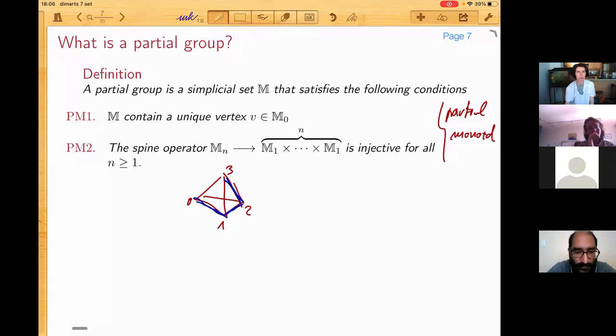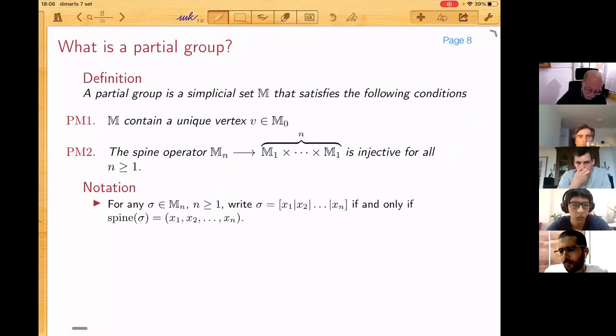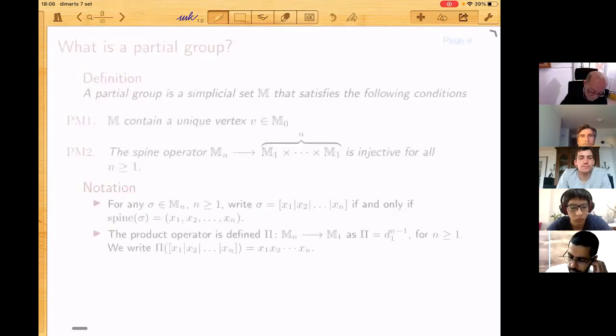Maybe you recognize that in case this is a bijection, what you have is a group actually, or an honest monoid. So that's the idea. For the notation, since from axiom 2 every simplex is determined by its spine, we take the edges in the spine, and we denote the simplex like this, using the bar notation, right? So that's a convention.